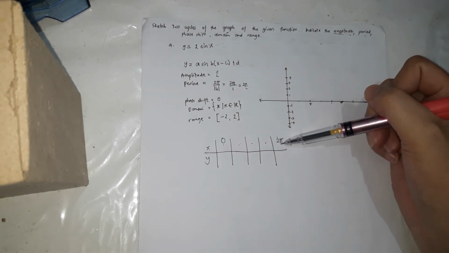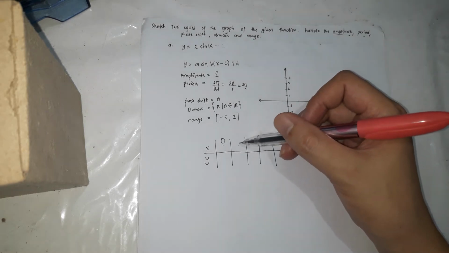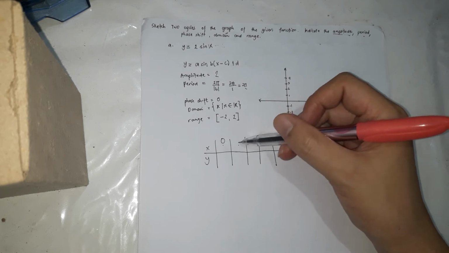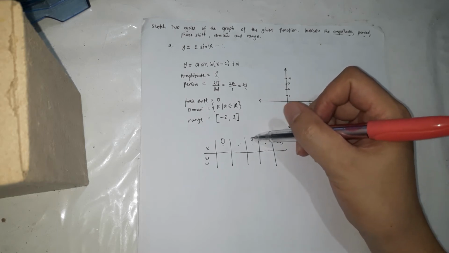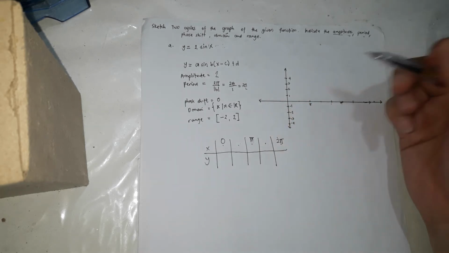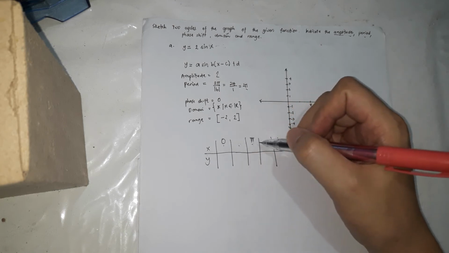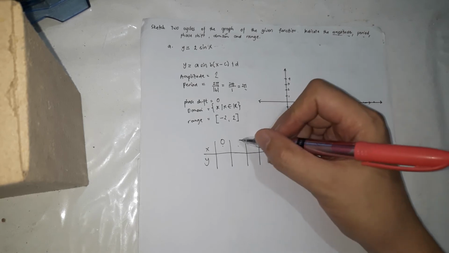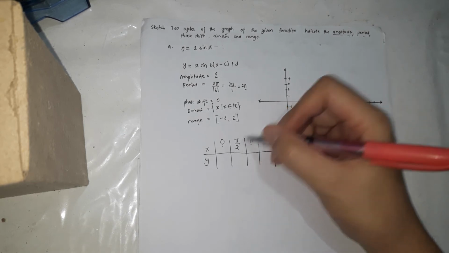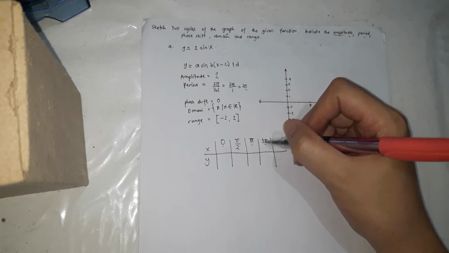Then 2 pi. Next, we're going to give values here. First, what is in the middle of 0 and 2 pi? That's pi, right? In the middle of 0, pi, 2 pi. Next, what is in the middle of 0 and pi? It's half of pi.